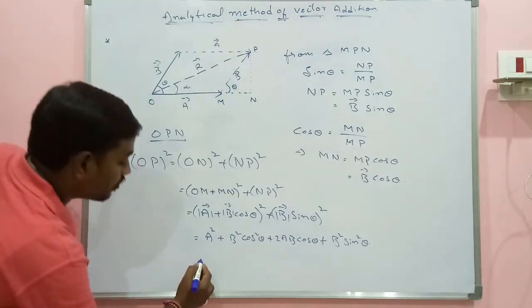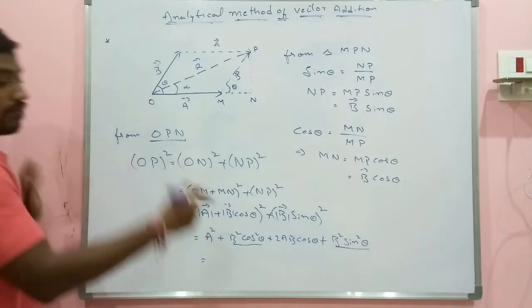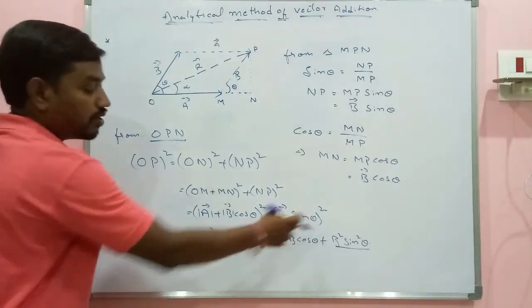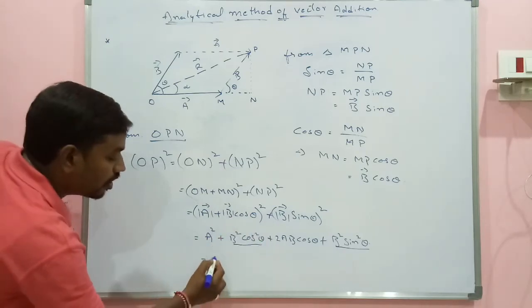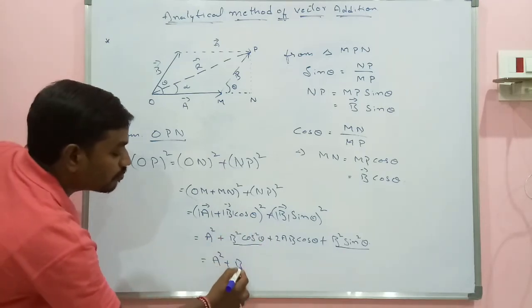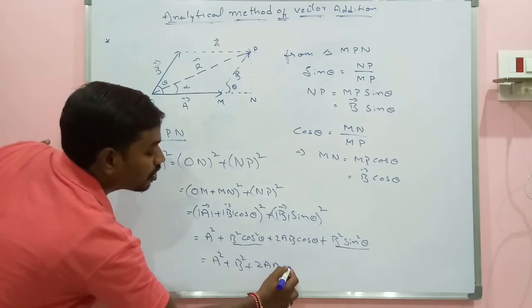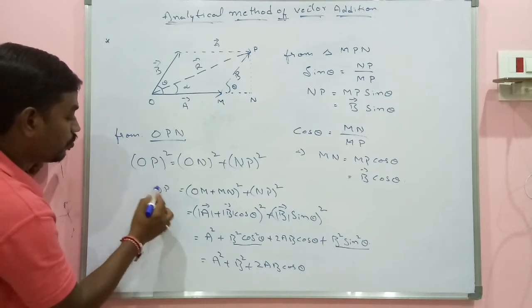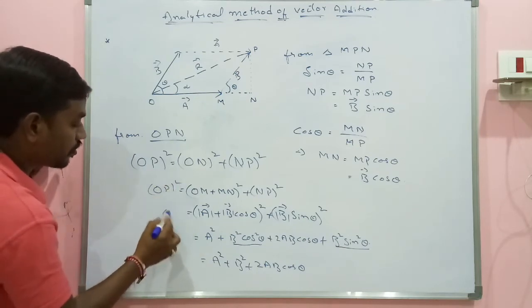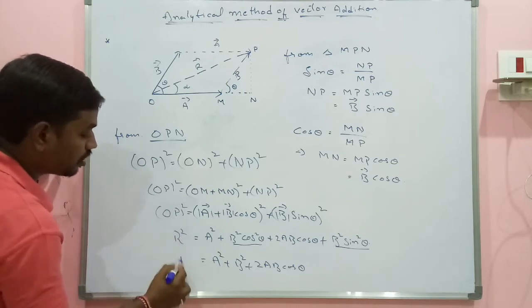So finally I'll be having B square cos square theta, B square sin square theta. B square can be taken common. I'll be getting sin square theta plus cos square theta, that is a trigonometrical identity. So I'll be having A square plus B square plus 2AB cos theta. What is it? OP square, or I can write R square.